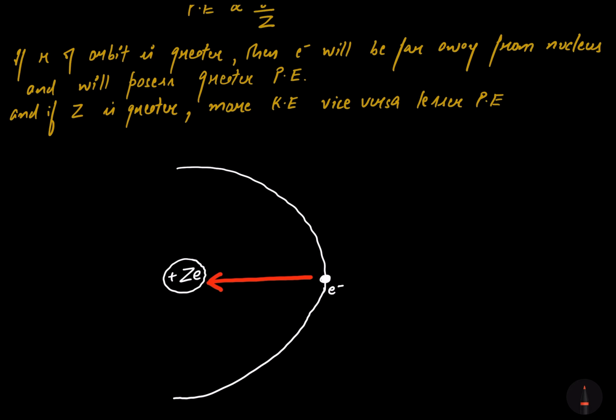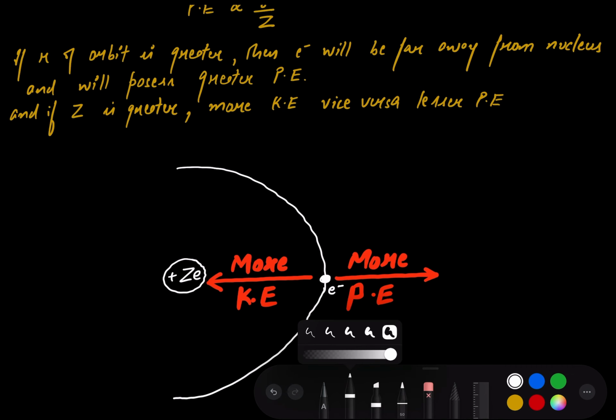Then there will be more kinetic energy. If electron is farther away from the nucleus, then there will be more potential energy. So this is the topic.